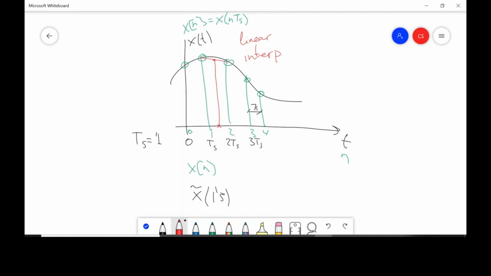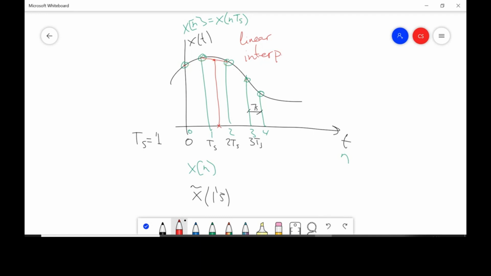This is the easiest way to do it, but I could use the 4 nearby samples to somehow estimate the value there. So instead of just joining with a line, I could join with a curve, with a polynomial, for instance. I could join those 4.